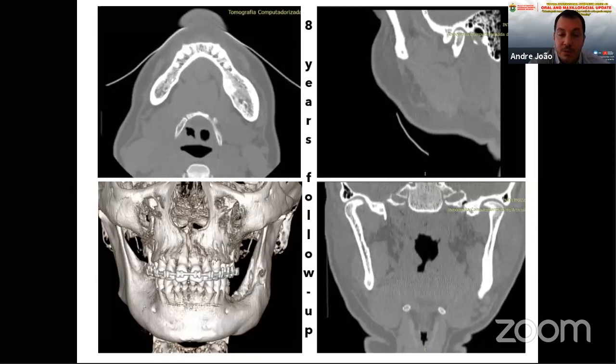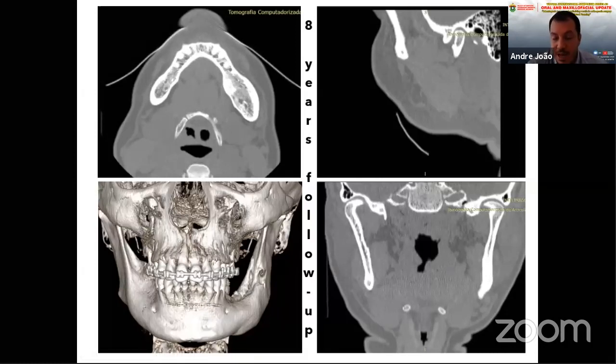If recurrence occurs, we can evaluate the lesion. If we can do another conservative surgery or even a segmental resection keeping the base of the mandible, it's going to be better. The patient has been doing everything for these 8 years while she's still young.